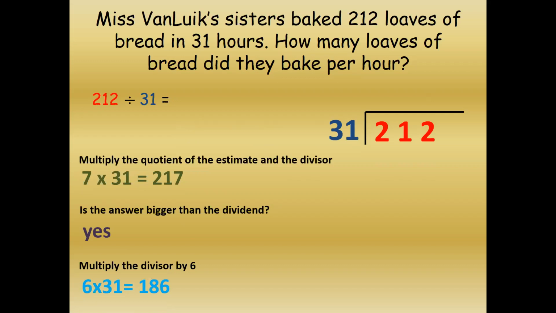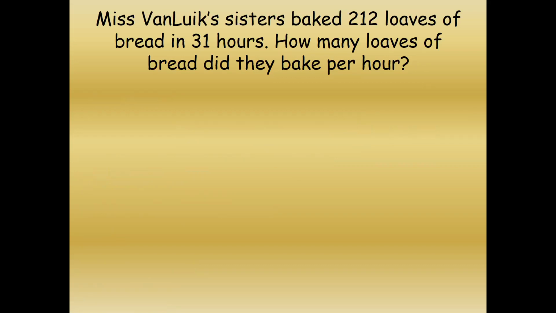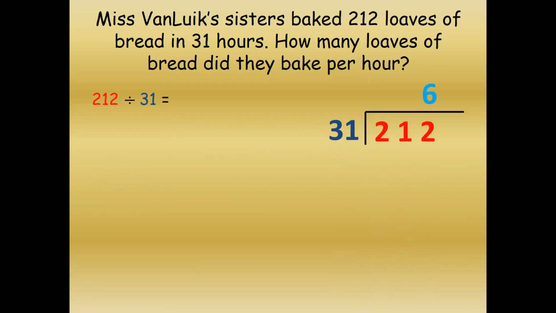So 6 times 31 is 186. So we put our 6 above the 2 in 212, the ones place digit, and then we move on with that answer.